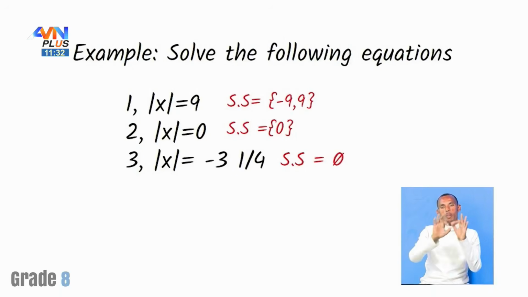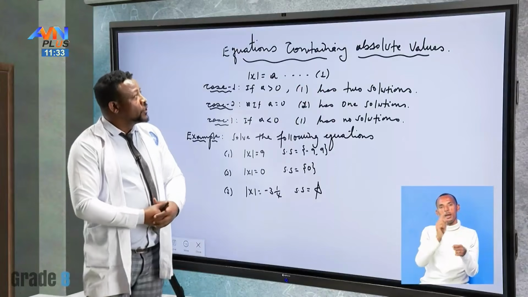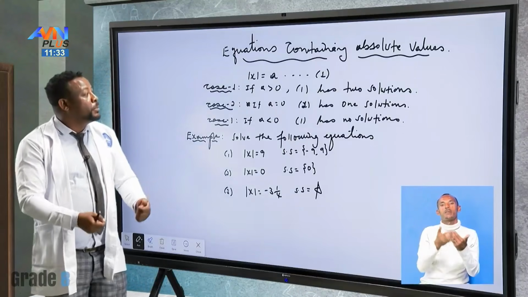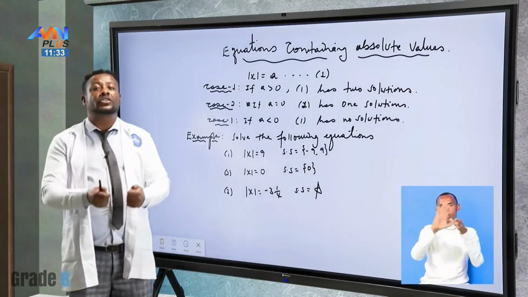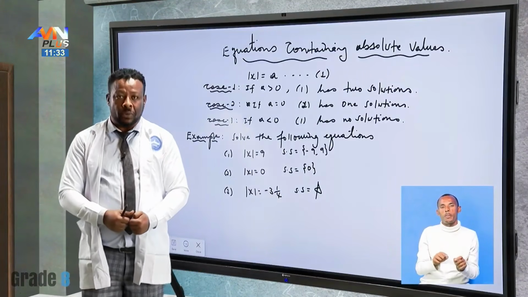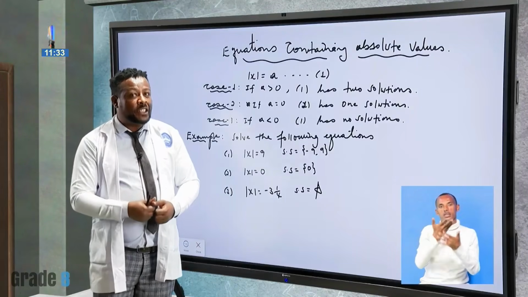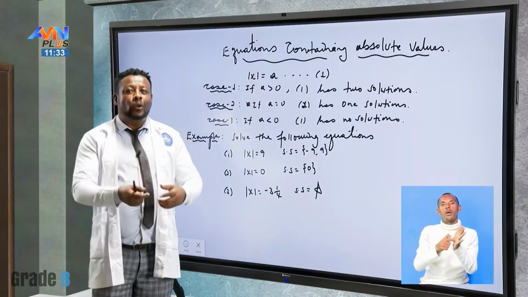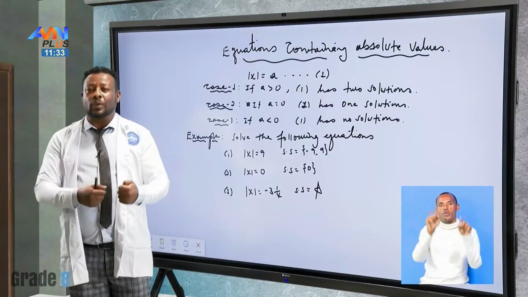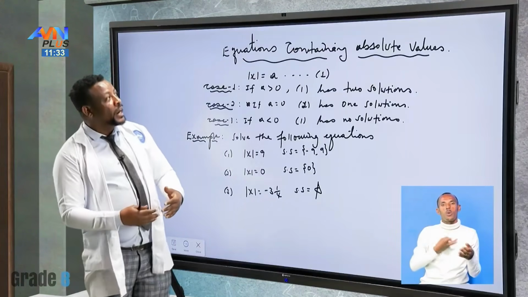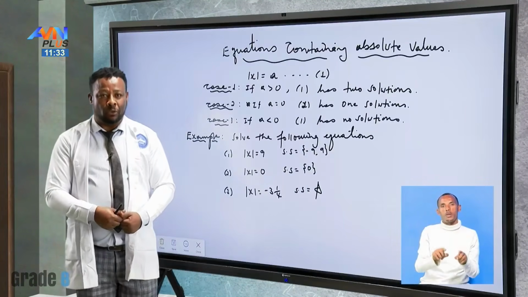There is no x value whose absolute value becomes negative, right? So this is the simplest part of solving equations involving absolute values, okay? In our next class discussion, I will show you slightly harder absolute value equations, and we will learn more about absolute value.